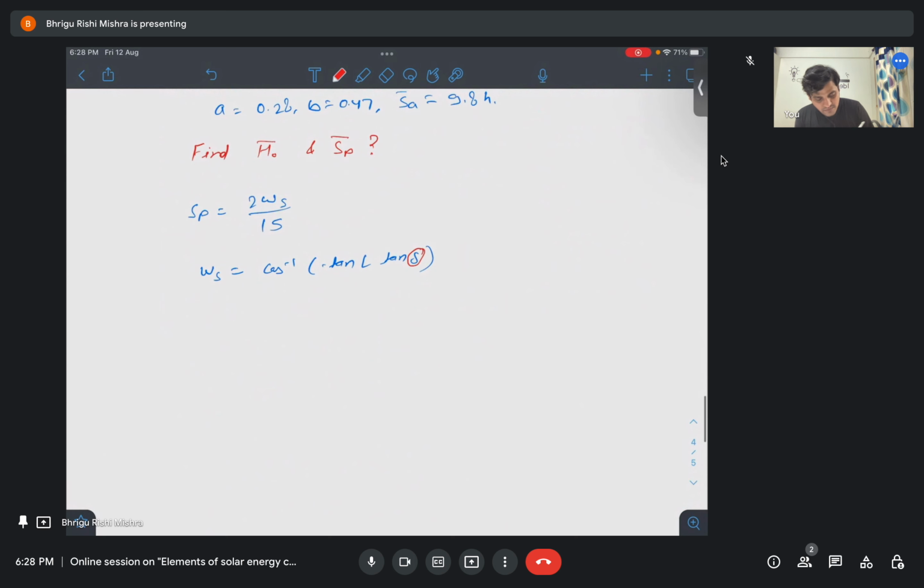The formula for delta is 23.45 sine of 360 by 365 times 284 plus n. If you put n, the value comes out to be around minus 20.916, and the rounded value is minus 20.92 degree. So delta is minus 20.92 degree.